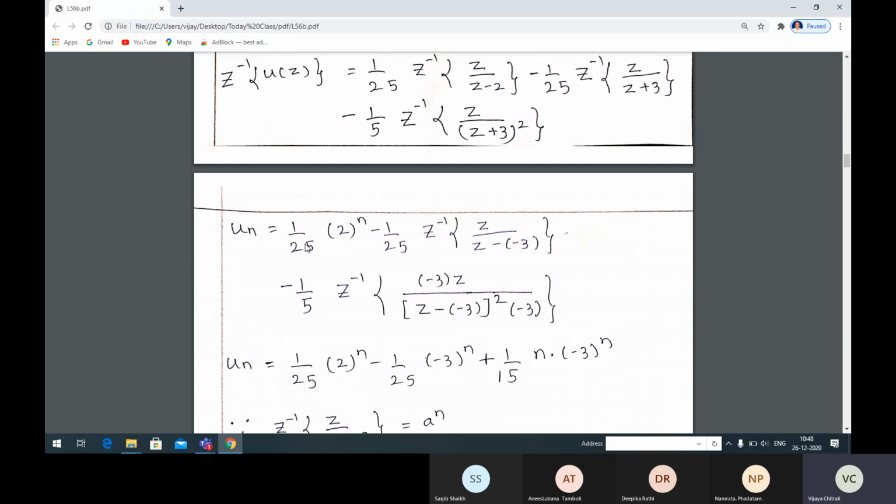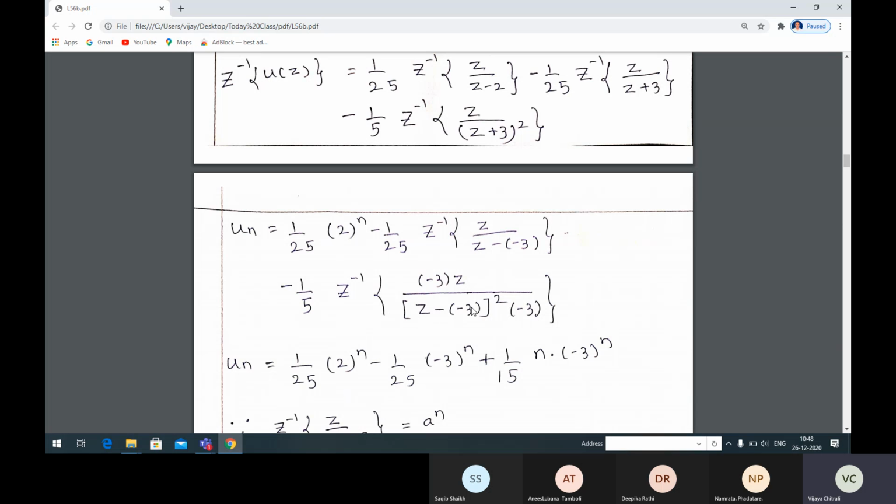So u n is equal to 1 divided by 25, 2 raised to n, because a is replaced by 2, minus 1 divided by 25, z inverse of z divided by z minus of minus 3. a is minus 3, or else z inverse of z divided by z plus a is minus a raised to n. Both are the same, right? Minus 1 by 5 z inverse of, so here we have z plus 3 raised to 2.